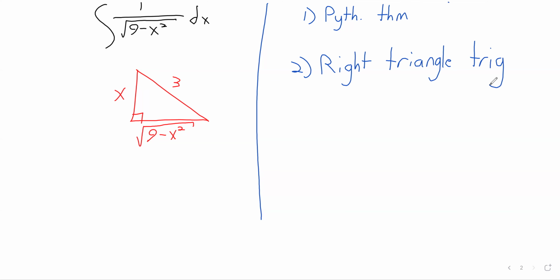And we've used the Pythagorean theorem. When I drew this triangle on the board and labeled it the way I labeled it, I was using the Pythagorean theorem. This side squared plus this side squared equals 3 squared. So we've used that already.